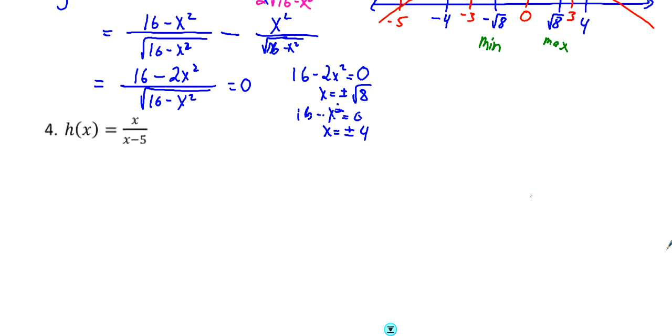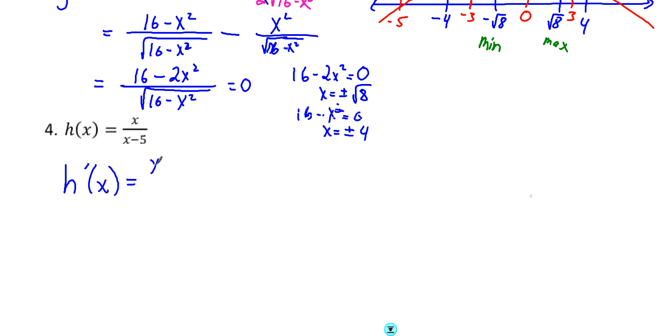And then our last problem, again, find the derivative. So this is h of x. I don't know why I was about to write f. So our derivative, h prime of x, we have to do quotient rule.